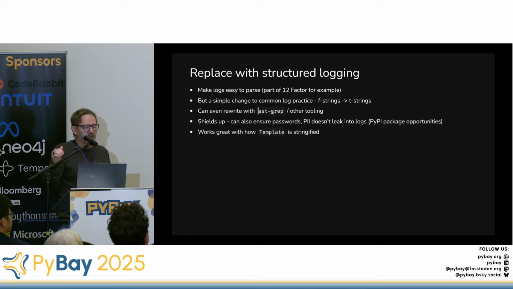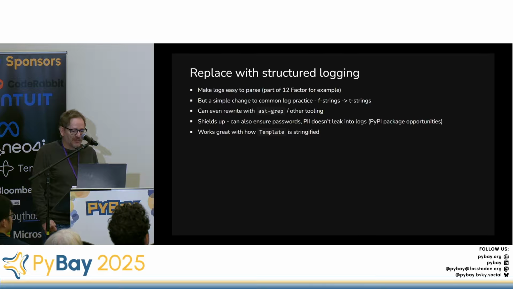It's also a pattern that you could readily change to. So if I wanted to convert existing code to using T-strings instead of F-strings, I could readily do that through tools like AST-grep. You could even extend what we're about to show you to other things that you might want to do, such as protecting someone's name, social security number, whatever, from being found in your log file, right? Lots of things that you can do.